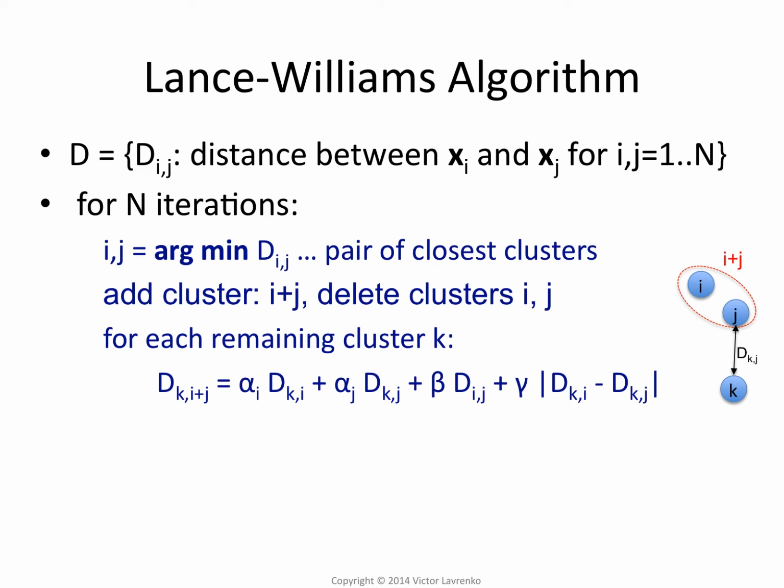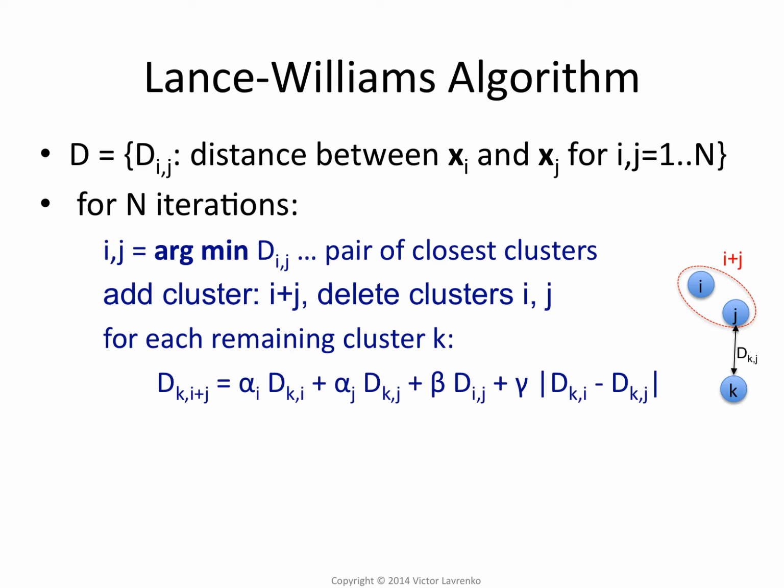It's dki, the distance between k and element i, and dkj, so the two clusters that I merged in the previous step, k had distance to those clusters, so they're part of the formula. The distance between i and j themselves, right? And then the absolute value of the difference in the two distances, distance from k to i and distance from k to j.